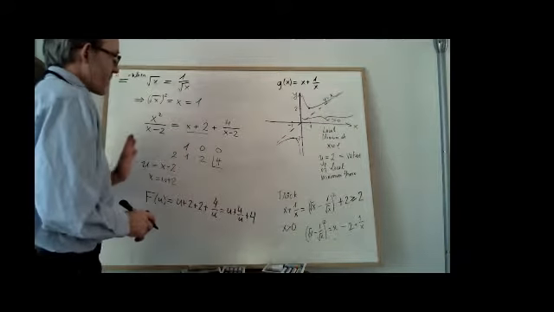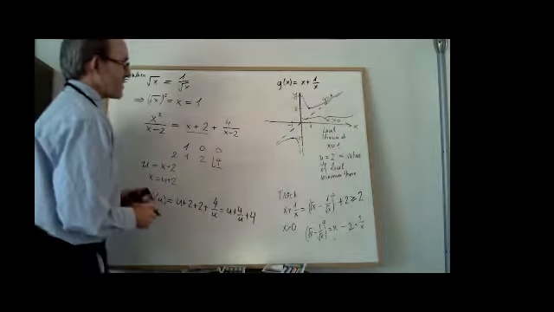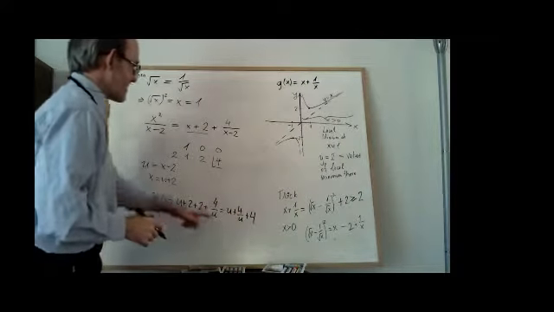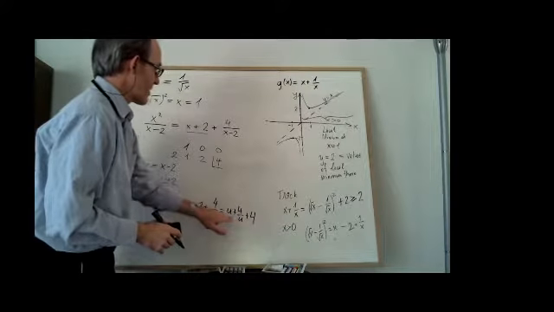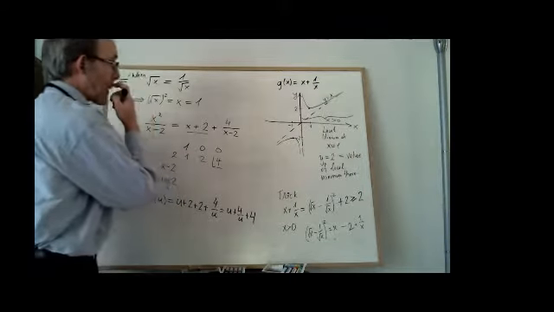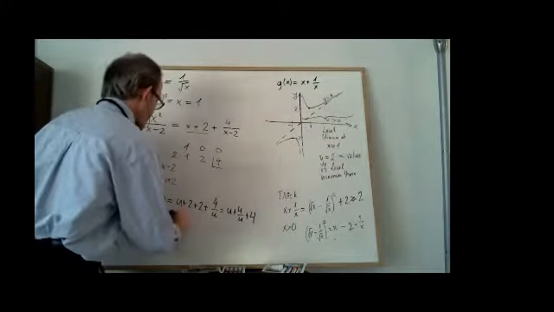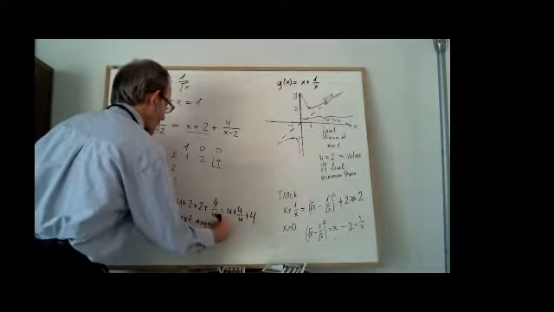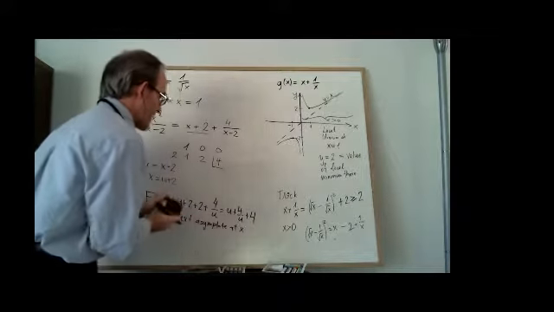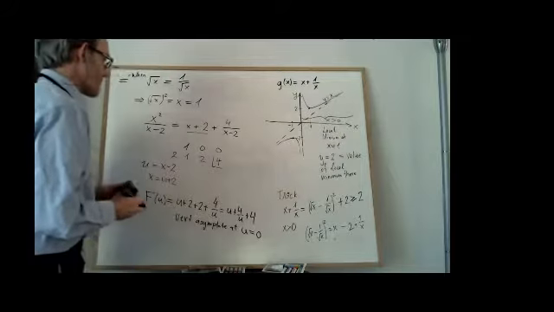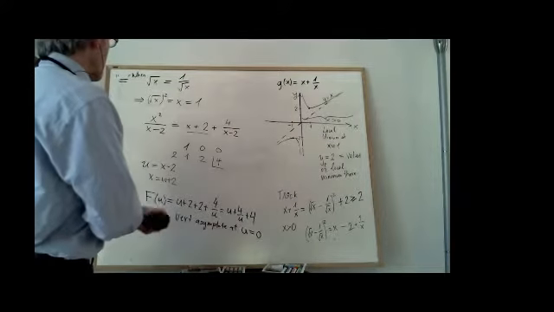What I've done is I've shifted the whole graph so that at u equals 0 now the graph has an asymptote. Instead of x equals 2 as I had before, there's a vertical asymptote, but here it's at u equals 0, sorry.